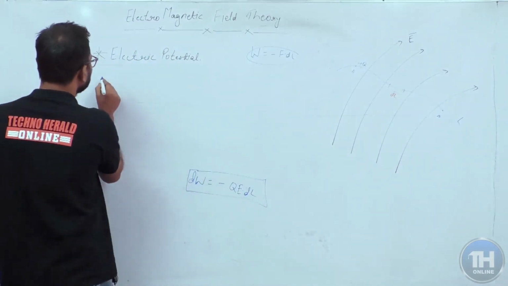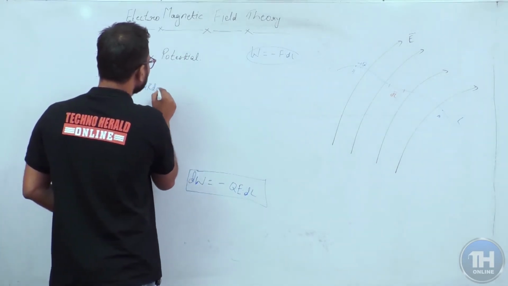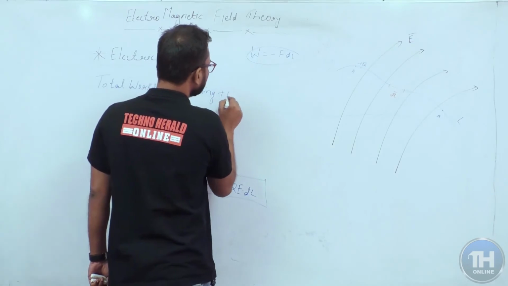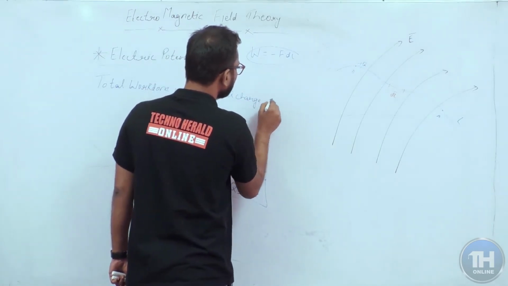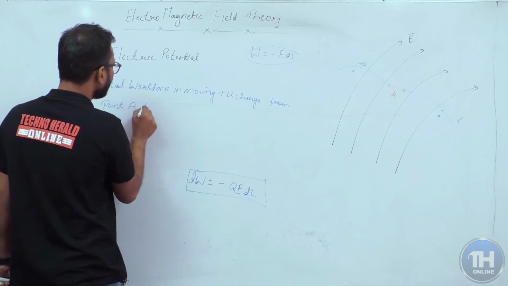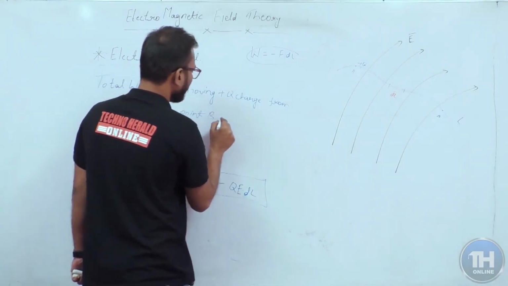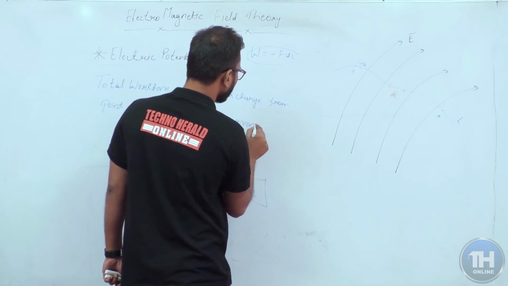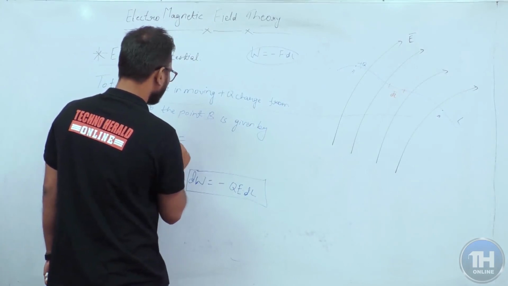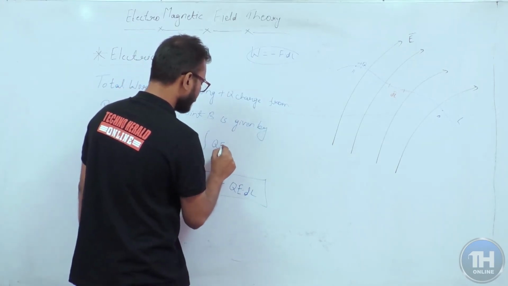So the total work done in moving plus Q charge from point A to the point B is given by W is equal to minus integration of QE dot dl.